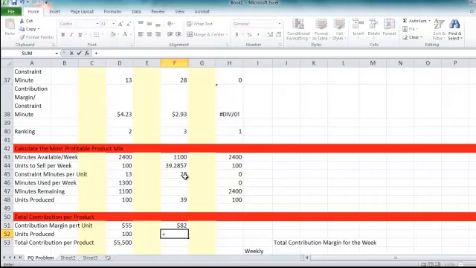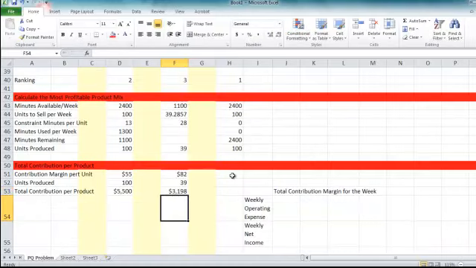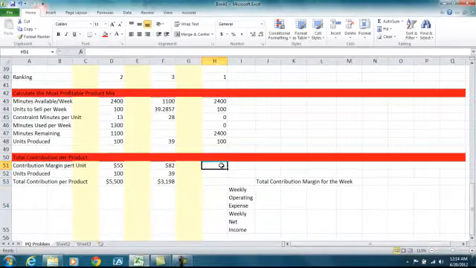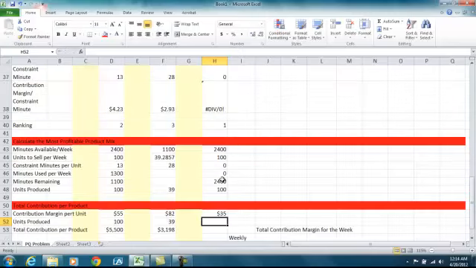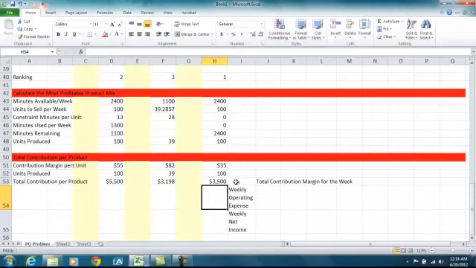I can make 39 of them, and therefore I will make almost $3,200. My contribution margin for Omega was $35, and my units produced was 100, therefore I'm going to make $3,500.